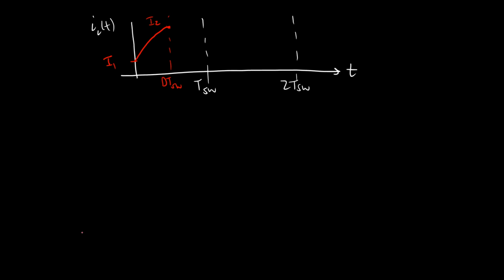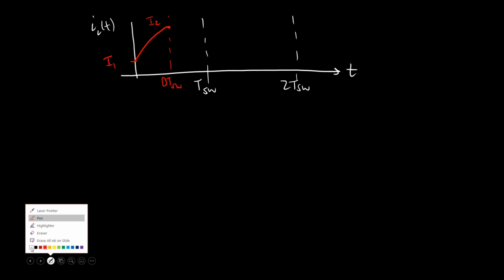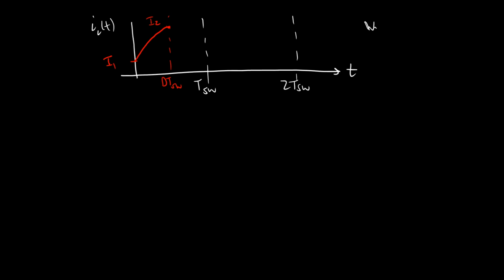So, again, we're assuming this inductor current is in steady state. So that means that at the end of the switching cycle, the inductor current is going to return to the same value it was before, right? It's going to return back to I1. So that's what the first switching cycle looks like.